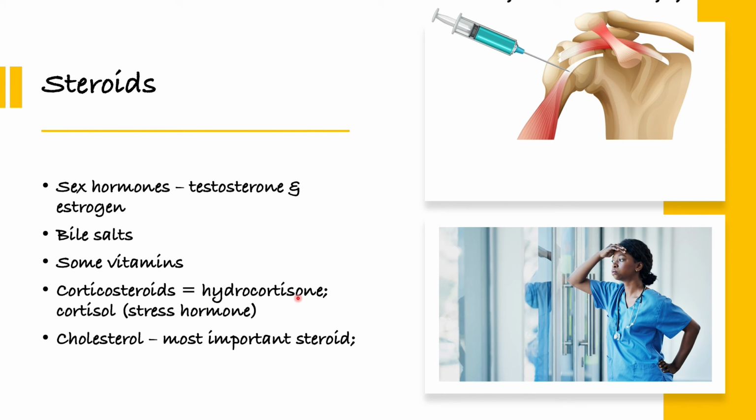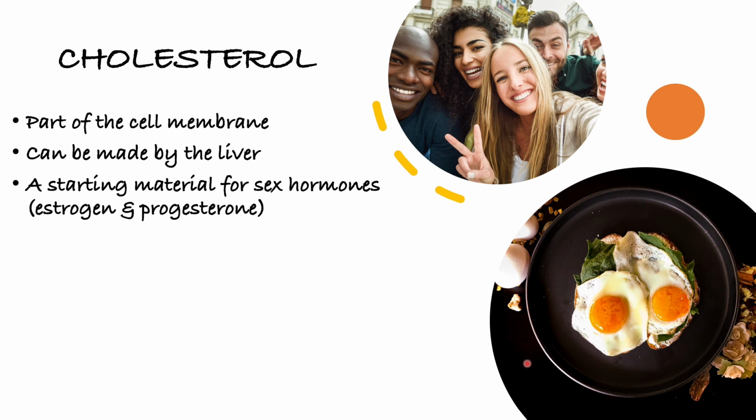Hydrocortisone. Someone might say, wait, don't I buy that from the store? Yes, correct. Your body makes its own hydrocortisone. You also secrete a hormone called cortisol, which is the stress hormone, and is also used to decrease inflammation. Right here, this joint is inflamed. This decreases inflammation, and cholesterol is considered to be the most important.